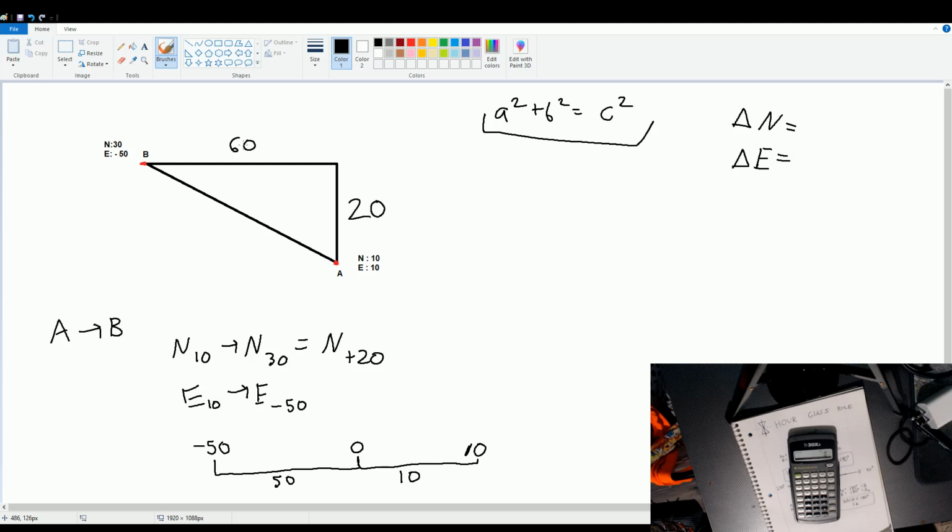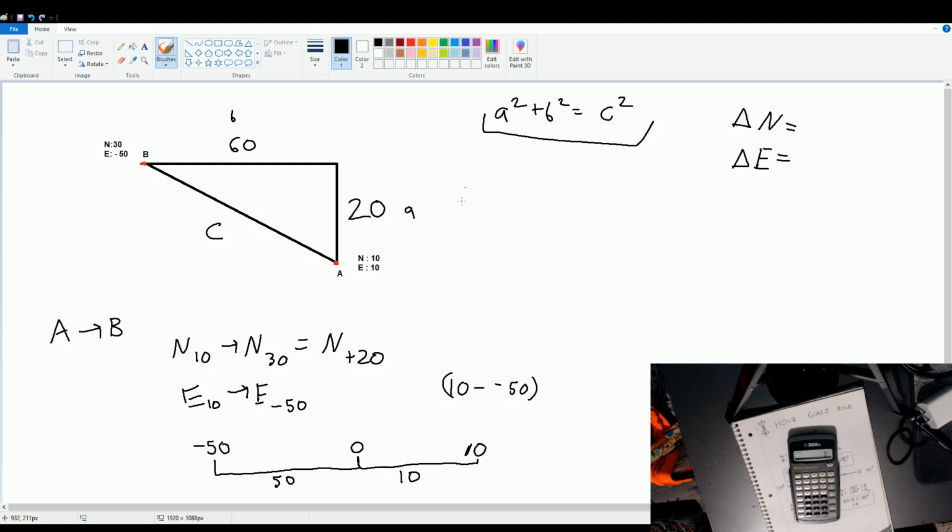You could have easily also said 10 minus negative 50 to find out the difference between them. Essentially, you just want to know how far apart we have to travel. So now that we know our A value and our B value, we can calculate our C value.